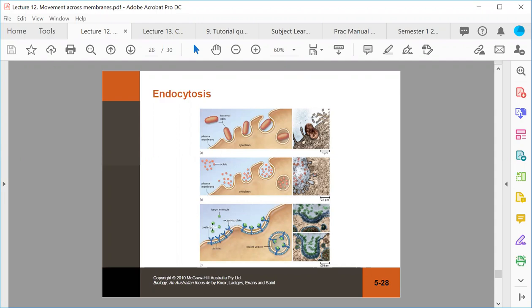Receptor proteins will bind to specific target molecules that you can see here in green, and only when the right target molecules bind to the receptor proteins, this actually triggers plasma membrane invagination, and then finally the internalizing of that piece of the plasma membrane to form a vesicle, which is carrying the target molecules to the inside. And of course, to the right, you can see an actual image of that taking place.